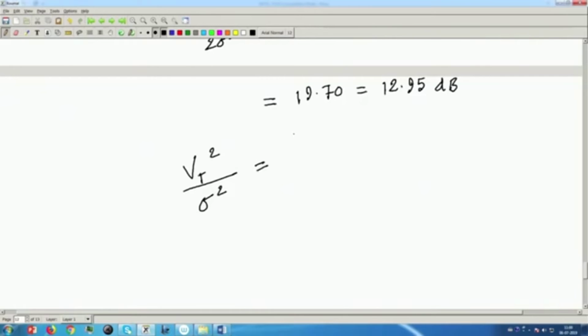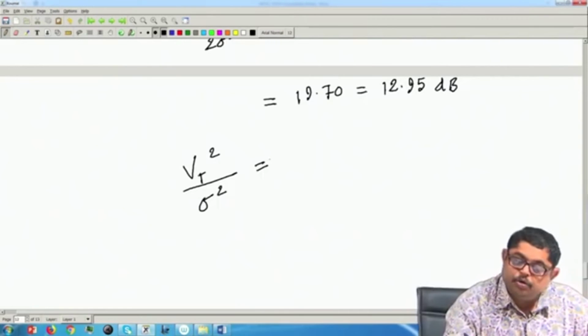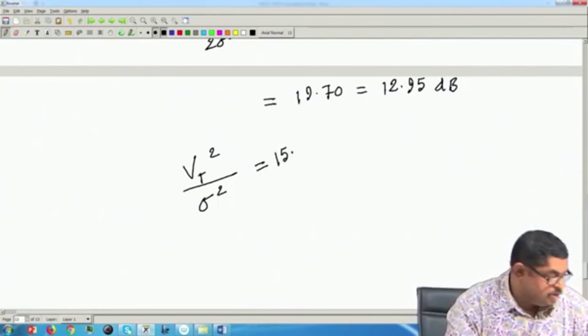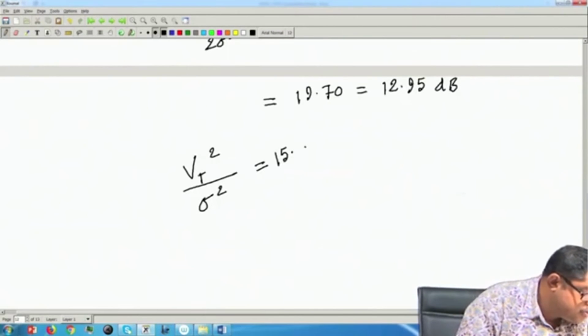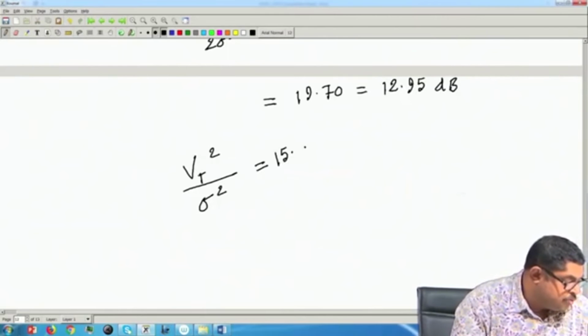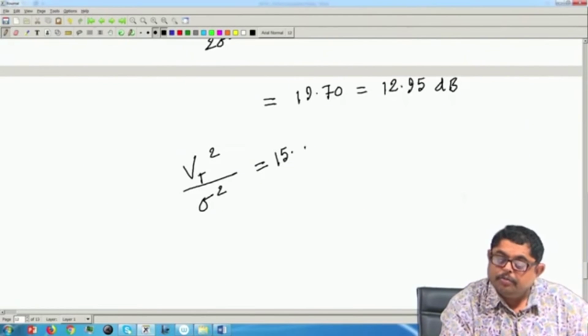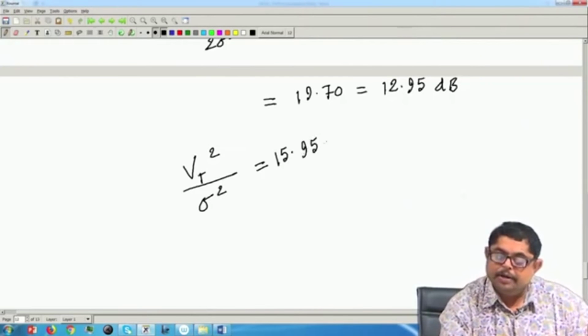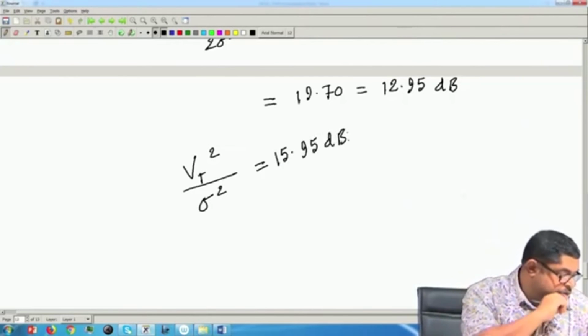So, that will be 3 dB more. So, it will be 15.12. So, another 3 dB more, 15.95 dB. Okay. Achha.